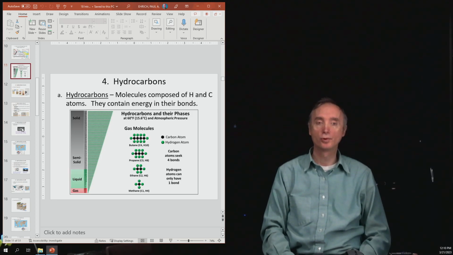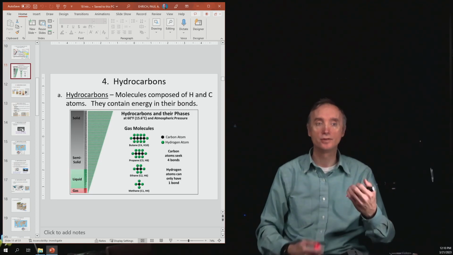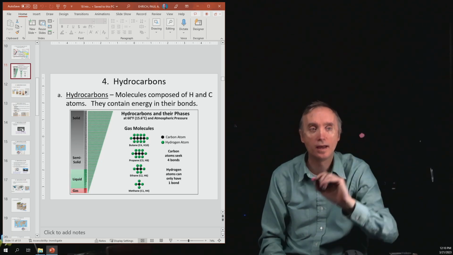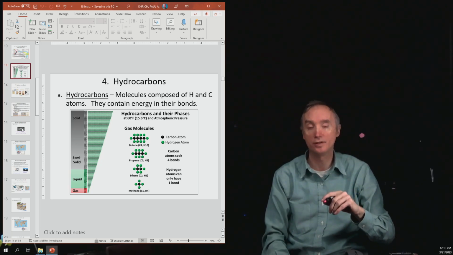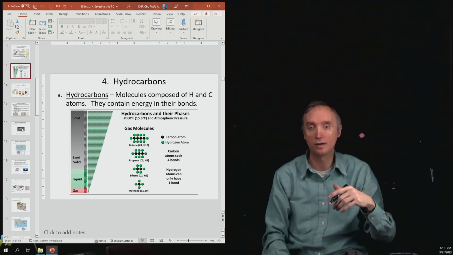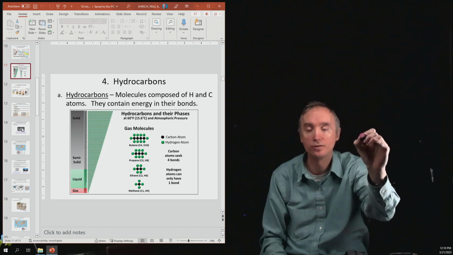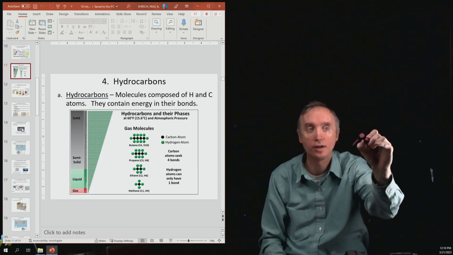So, if you recall, when we talked about minerals, we talked about the silica tetrahedron, and that was when you would have a silicon atom, and a silicon atom is in column 4, which means it's got 4 valence electrons, which means it can hook onto 4 other things.